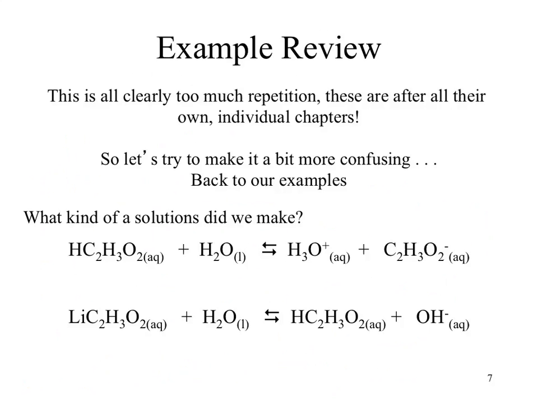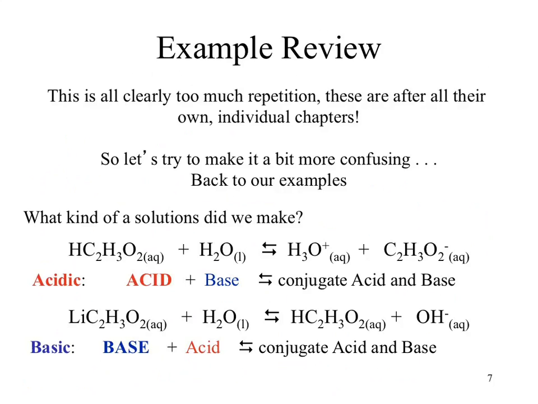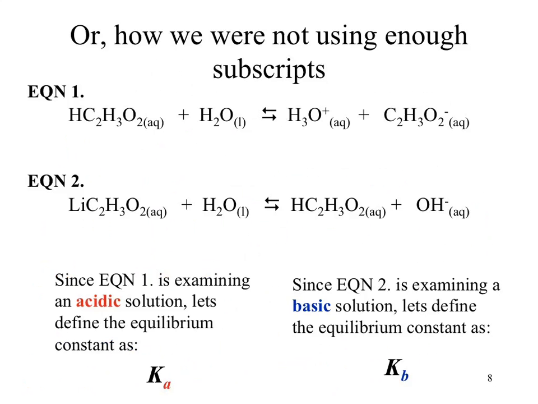Okay? So our first solution was acidic, the second one was basic. Since equation 1 is looking at an acidic solution, the equilibrium constant for this reaction is a capital K for equilibrium constant, but now it's capital K subscript A because I'm generating an acidic solution.